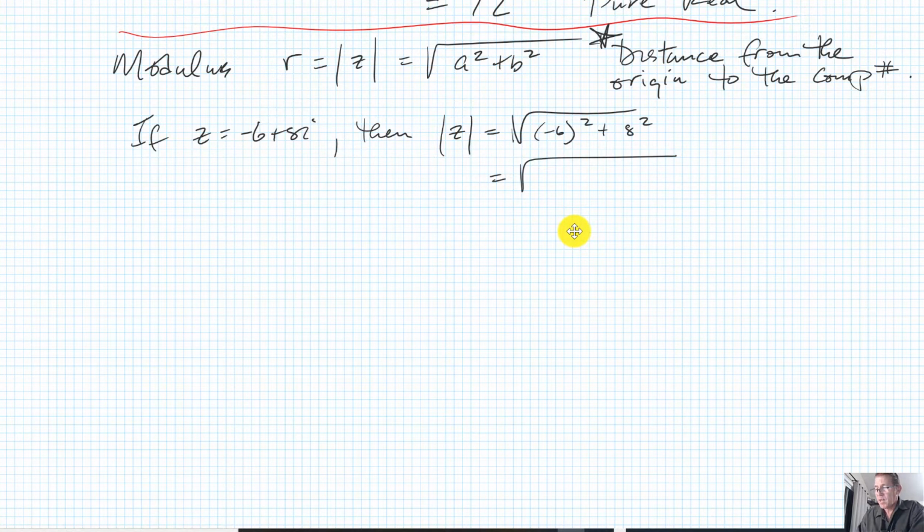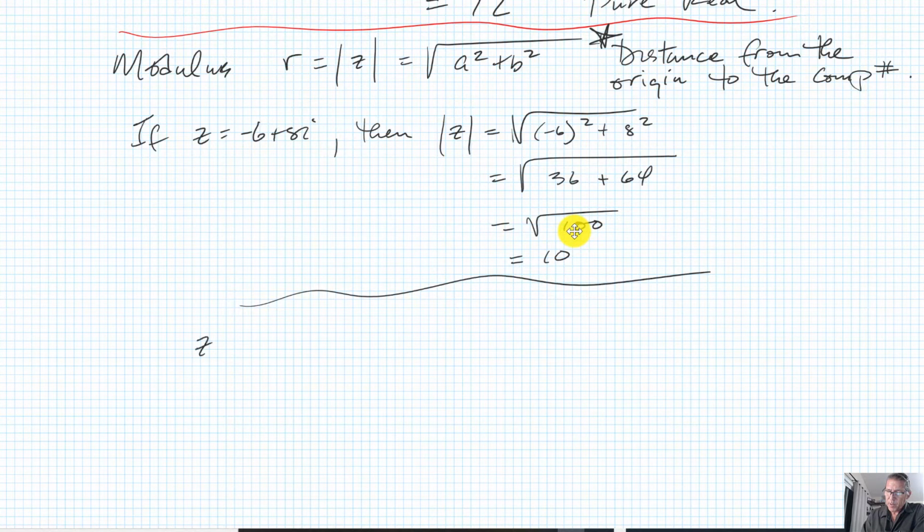So square root of 36 plus 64, and that's the square root of 100. In this case, it's 10. So in this case, the modulus is rational. Excuse me, I didn't mean to say that. So it's 10.